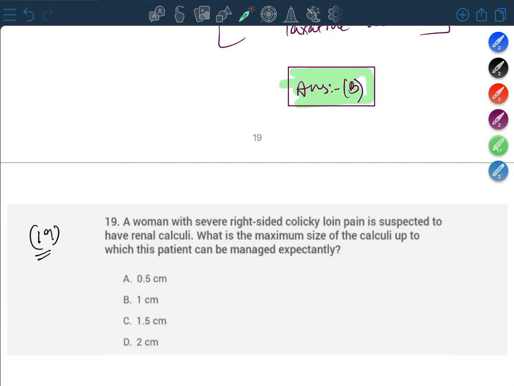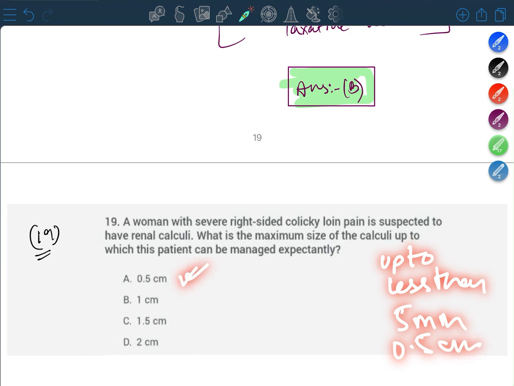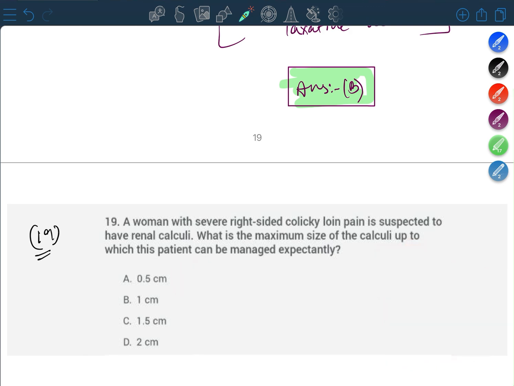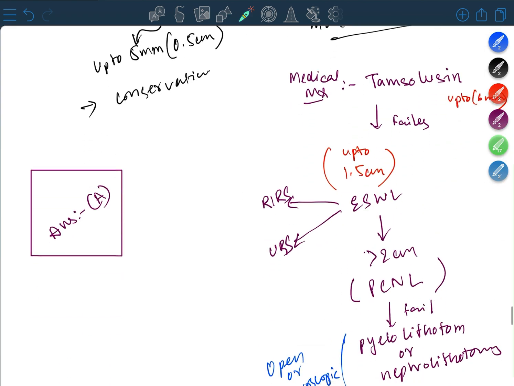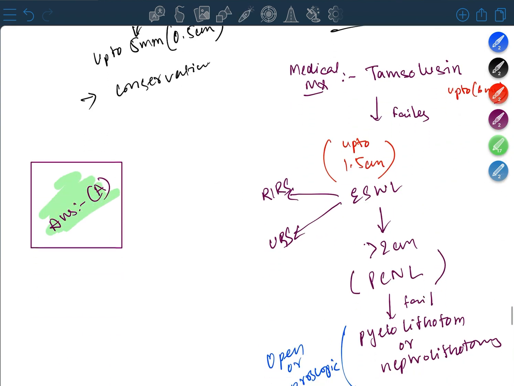It is up to or less than 5 millimeter, which is 0.5 centimeter. This is a fact, but how we will manage stones I will explain in a flowchart. So the answer is A.